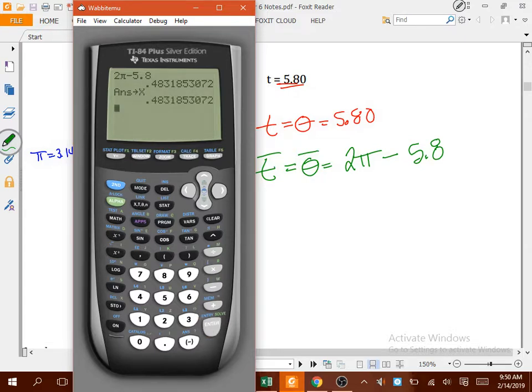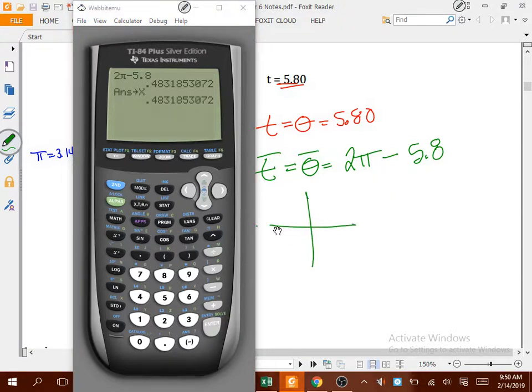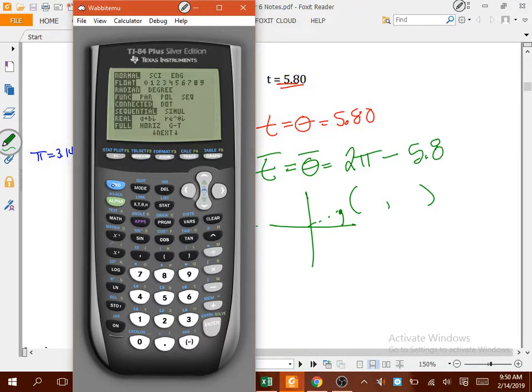But we've talked about how on the unit circle, that point right there has an ordered pair x comma y, right? Isn't the x value the cosine of that number? So if I type in cos, I have to be in radians because that's what we've got here. So I am in radians.